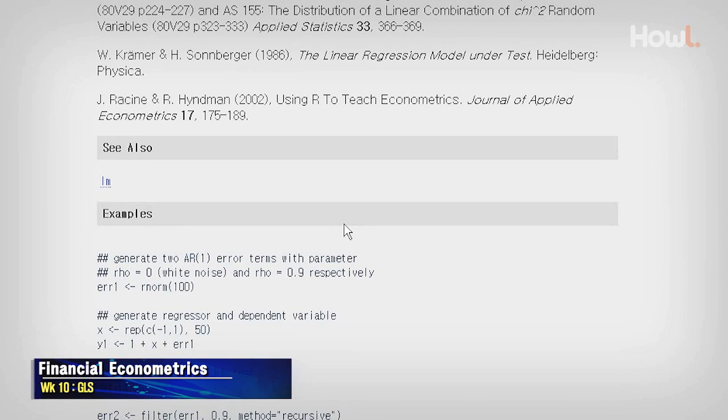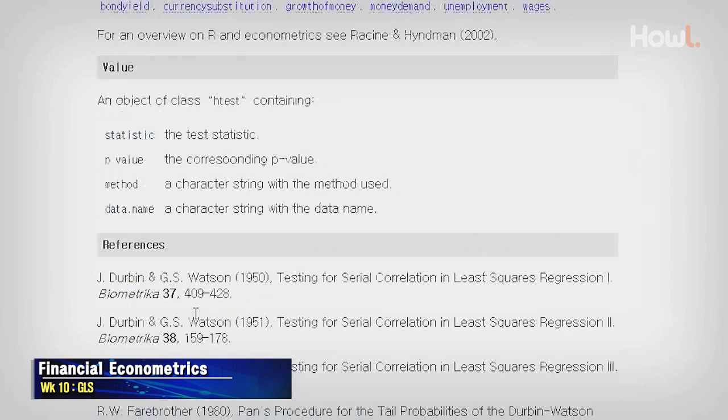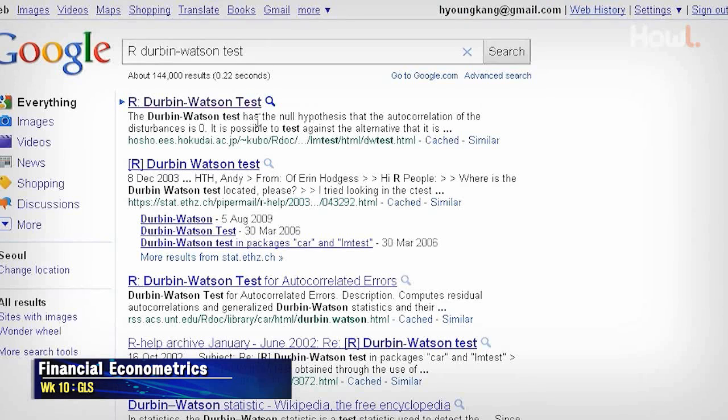Where is the example? Oh, DW test. I need to go to the table.